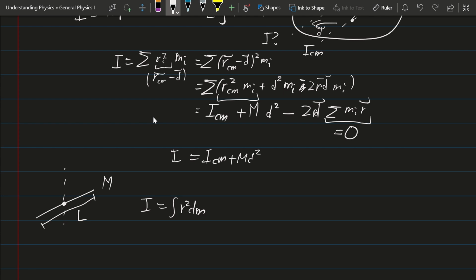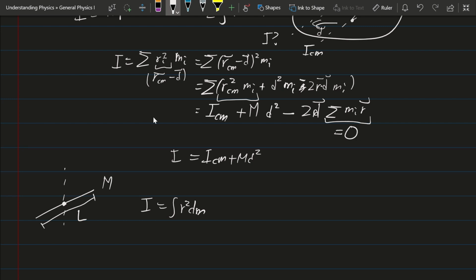So the way that we'll describe dm is first by realizing that this entire thing is uniform. So I will define this stick to have a uniform mass. Therefore, if I take a cut of a small piece, its ratio between its dimensions as well as its mass will stay the same.